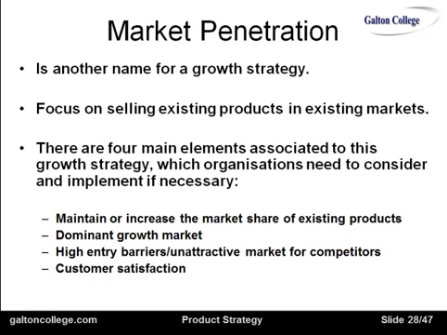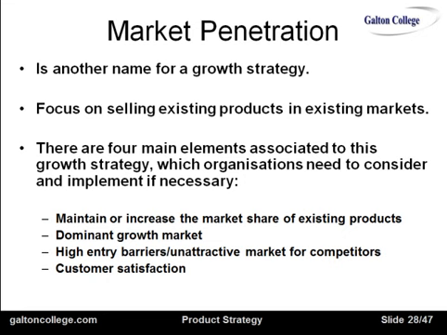So there are four main elements, as I said, associated with the growth strategy. Increase the market share of the existing products, try to become a dominant player in the market, and block entry. Block competitors coming in because they will simply eat into your profits. They'll take market share.